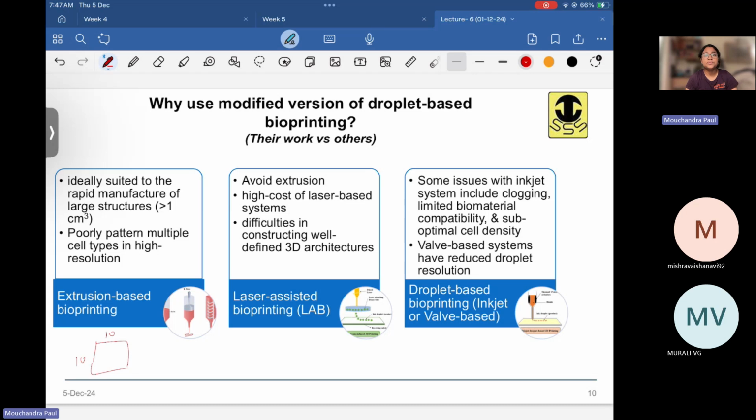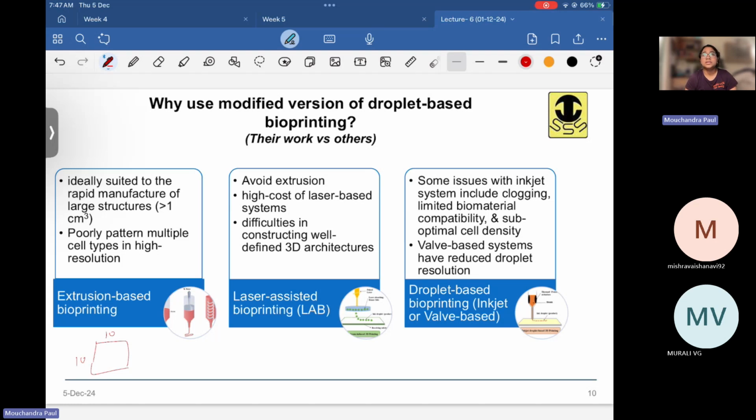So it's possible to pattern cells by controlling the layer type. Let's say you pattern cell in layer 1 to 3, okay? Then you can be sure that your three layers have one cell type, and then you pattern the next cell type in subsequent layers. So in this way, you can pattern cells very nicely.